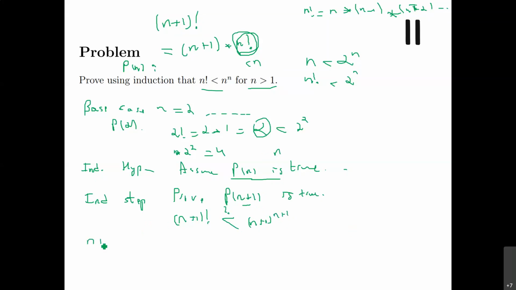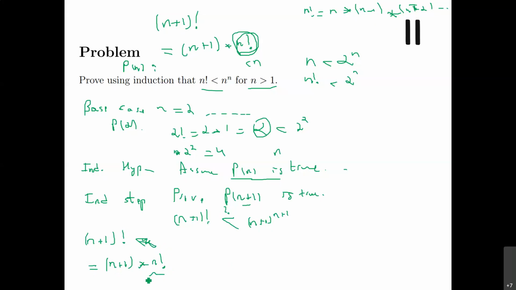Okay, so start with the left side, n plus 1 factorial. Like we said, it's going to be, or sorry, let's say equals n plus 1 times n factorial.